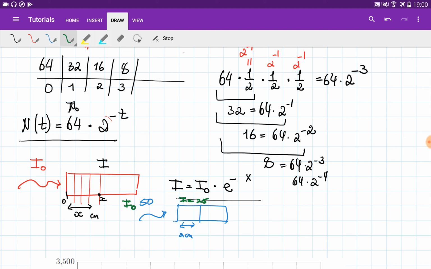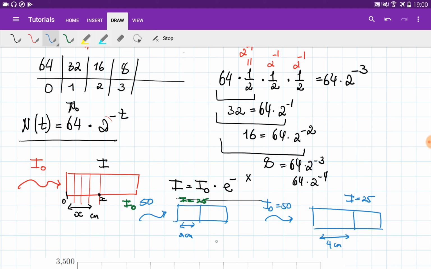If I send the same gamma ray photons, I0 equal to 50, to another material, let's assume that after 4 centimeters the number of gamma ray photons is going to be 25 units. So you see, this material absorbs the gamma ray photons better than this one, right?